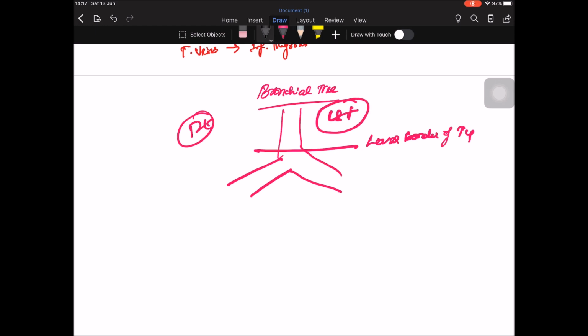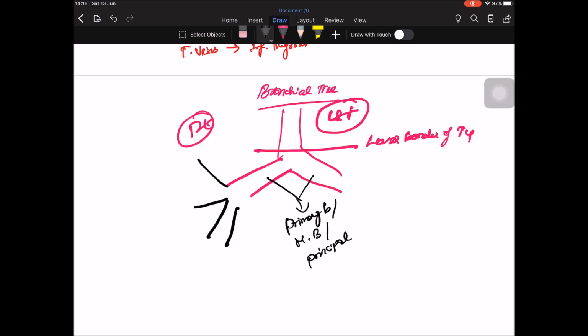After that, we call these the primary bronchus, main bronchus or principal bronchus. After that, it is divided into three divisions.